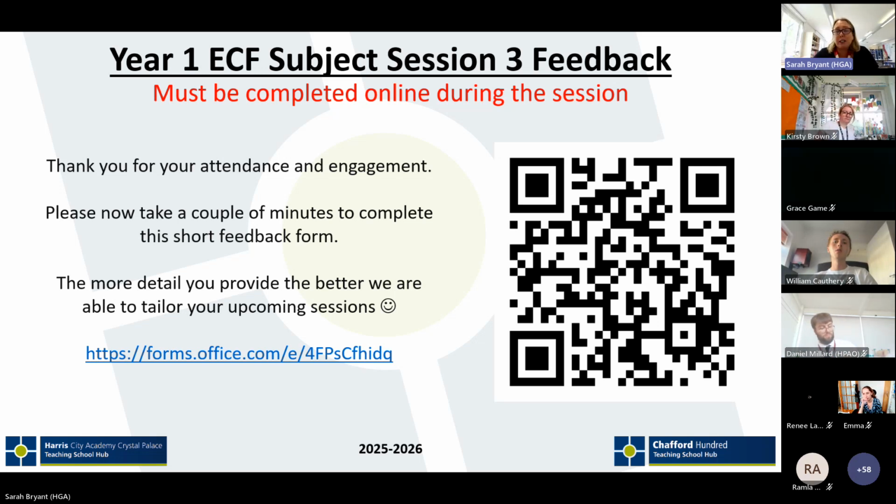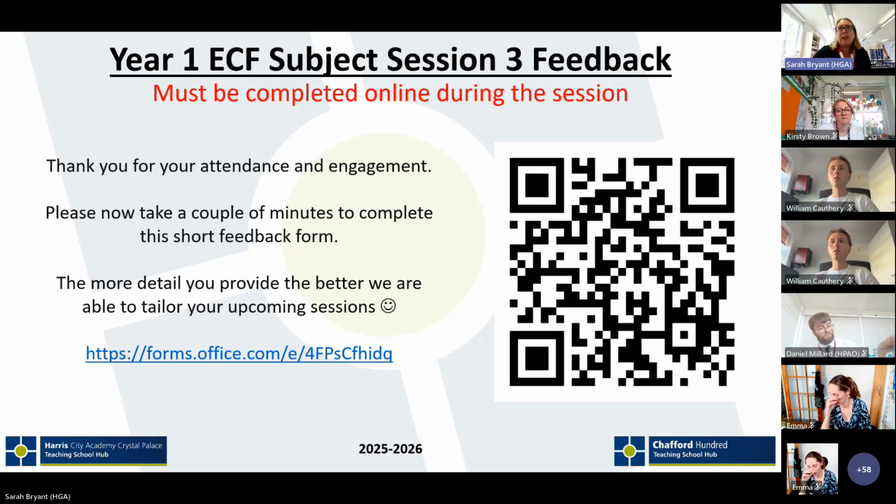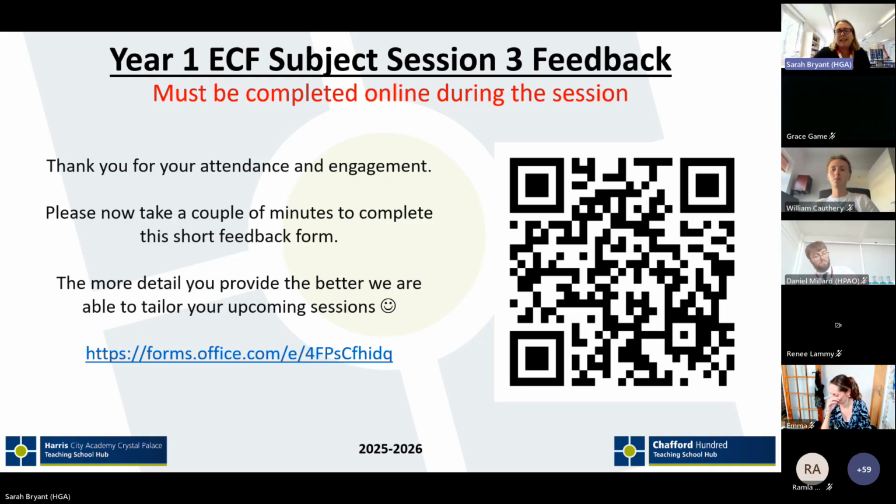Are you going to have a go at Explorify? Are you going to unpick some language? Are you going to think about some of those words that the children didn't quite get, so actually, I just need to go back and check that that's understood. This is the perfect opportunity to use some of those things.